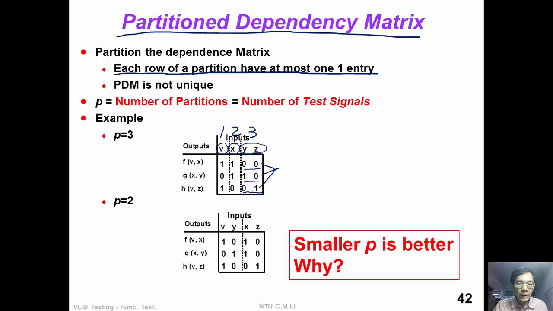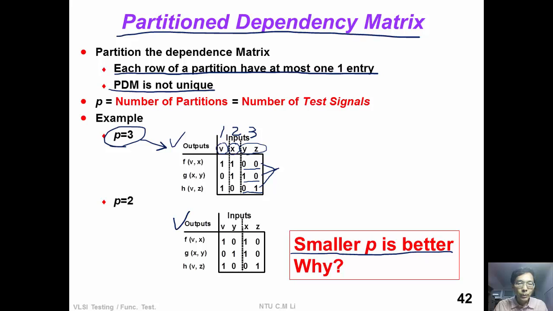For this matrix, we have 3 partitions. P denotes the number of partitions. The smaller P is better, because smaller P corresponds to fewer test inputs. Please notice that PDM is not unique.